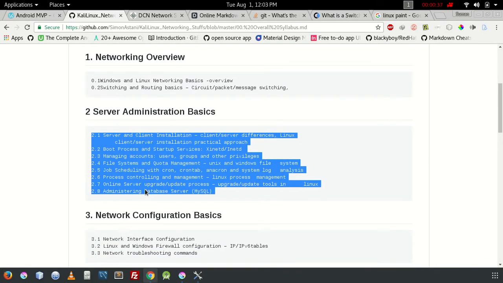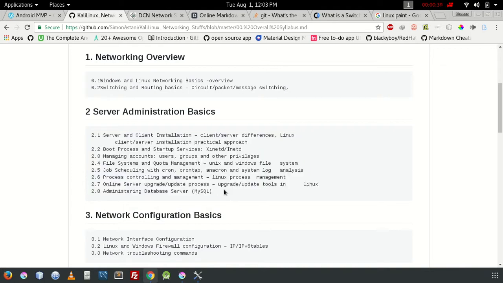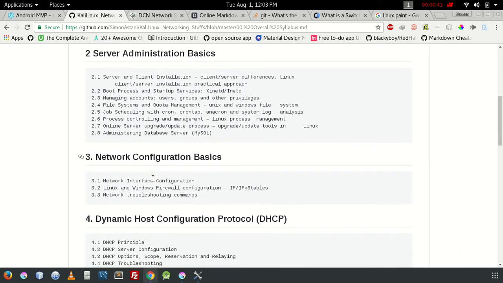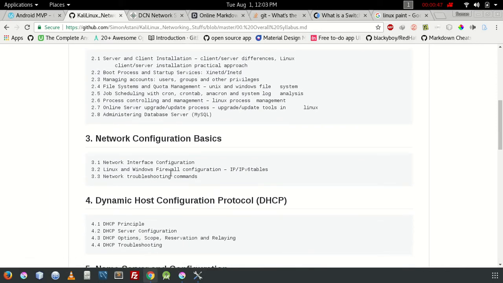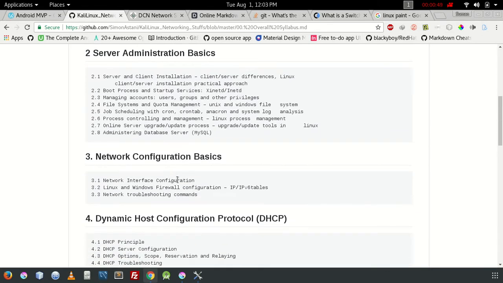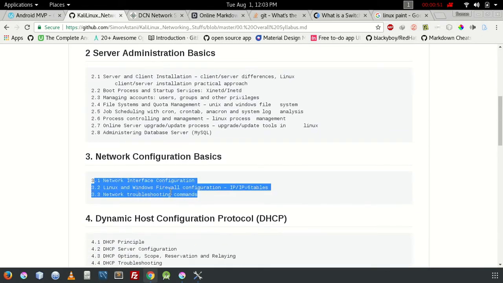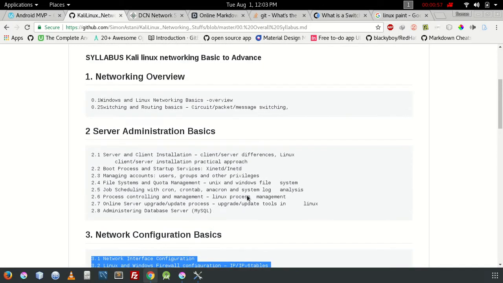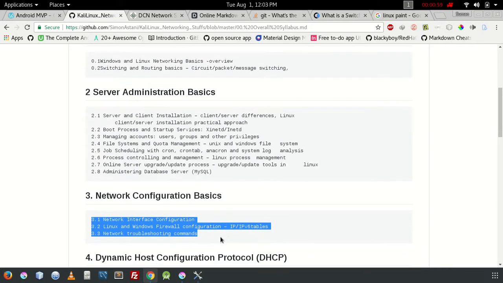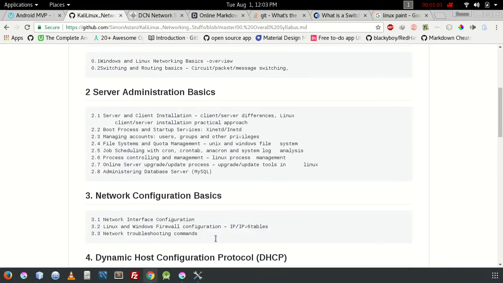So we will discuss the theoretical concepts of Unit 1 and 2. However, after Unit 3, network configuration basics, I will provide a detailed command sheet to configure Linux as different servers. Then you can go parallel with my YouTube videos to implement in your Linux machine.